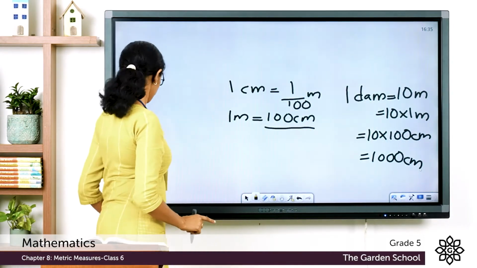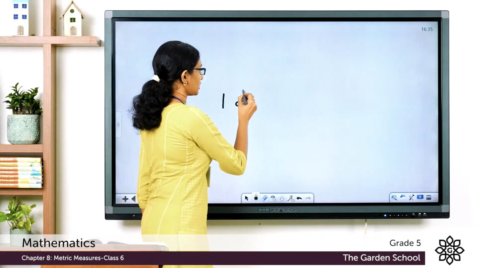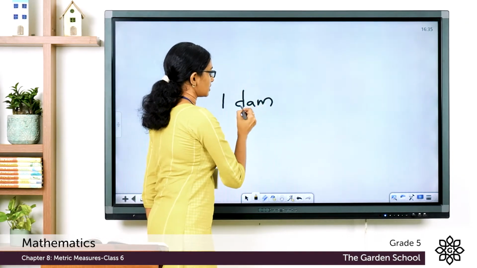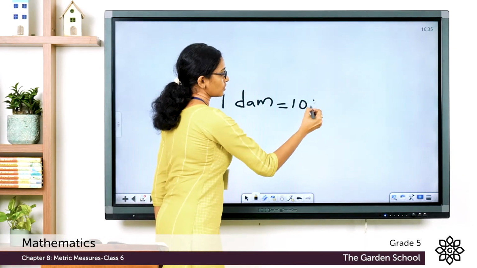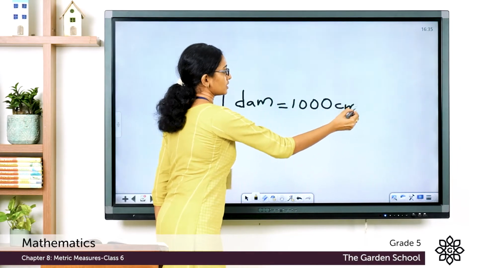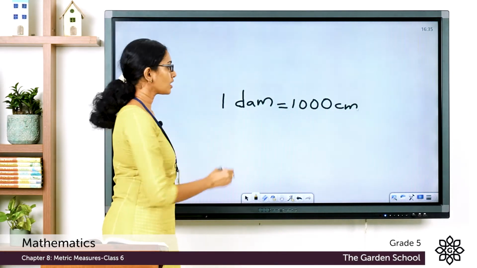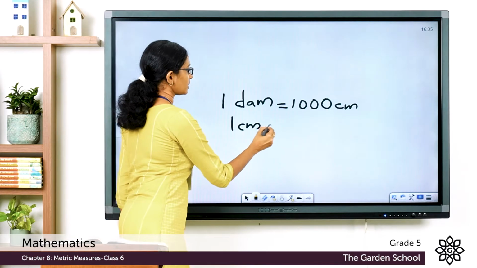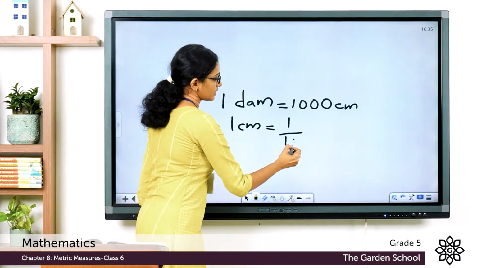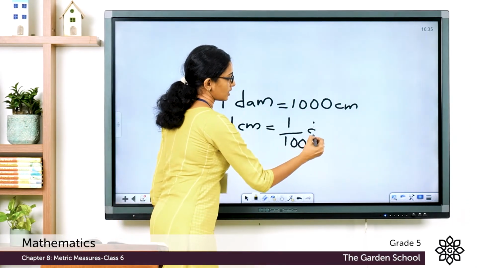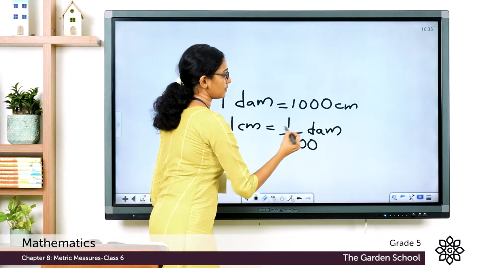So we can write 1 decameter is equal to 1000 centimeters, or 1 centimeter is equal to 1 by 1000 decameter.